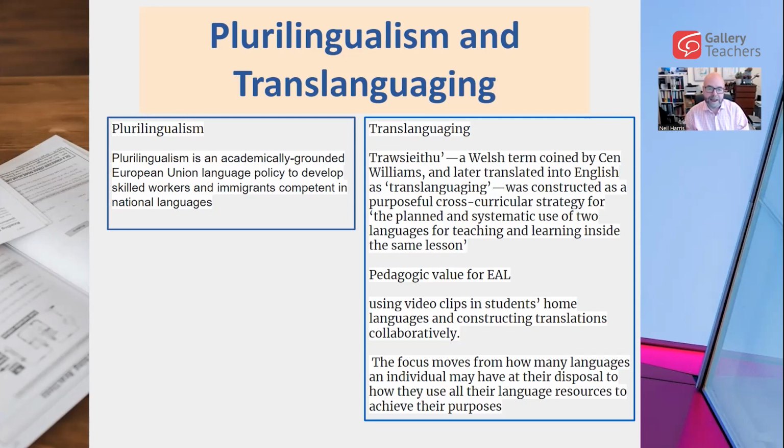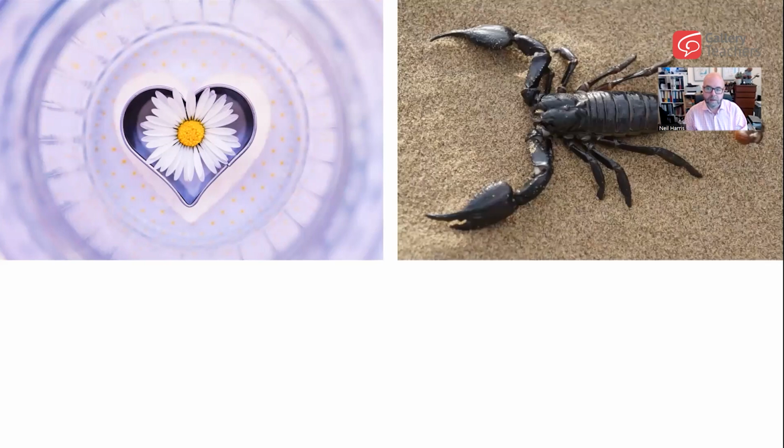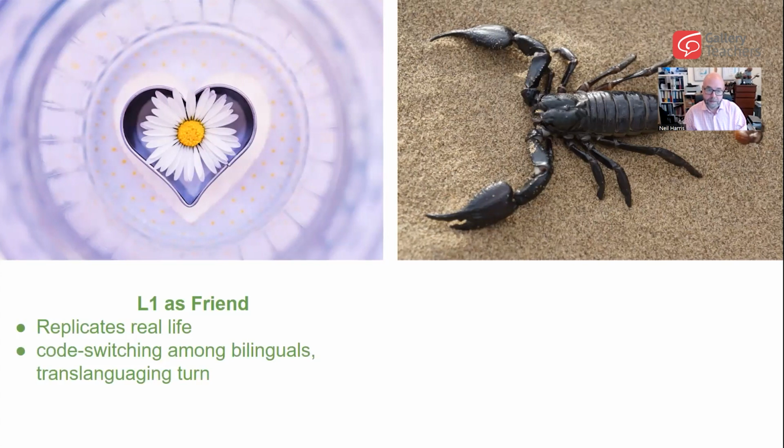Which really brings us back to the situation where we were, where Berlitz was arguing against grammar translation. Is the use of L1 something that we consider as a positive, that's friendly? Or rather, is it a foe? Now, in terms of L1 as being our friend, it does replicate real life.